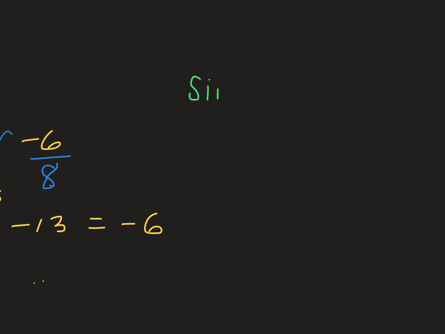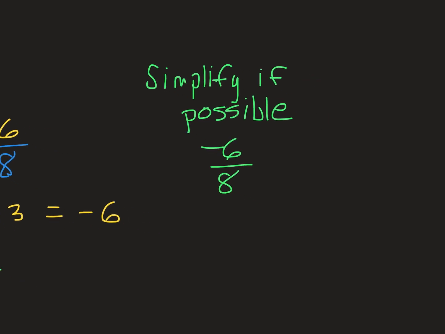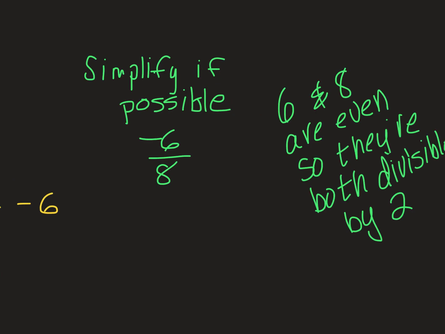And then finally, we're going to simplify if possible. So I'm going to bring that -6/8 over here. After a little thinking, I realized that 6 and 8 are even, so they're both divisible by 2.